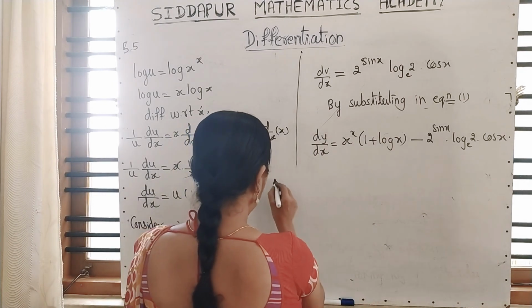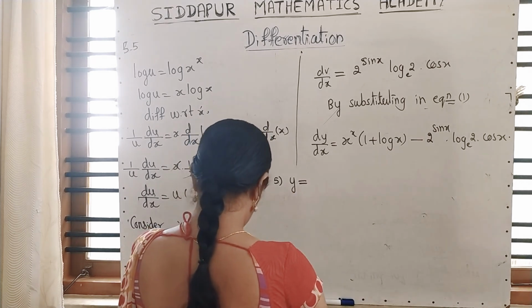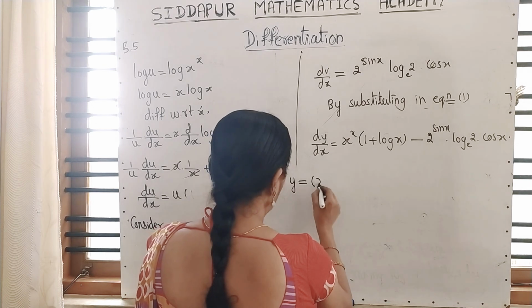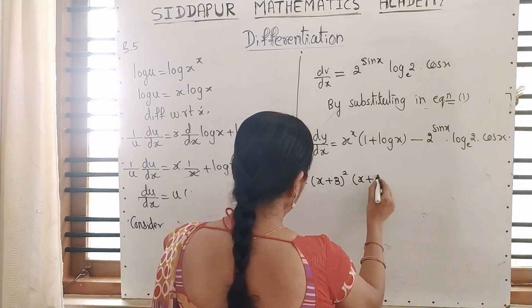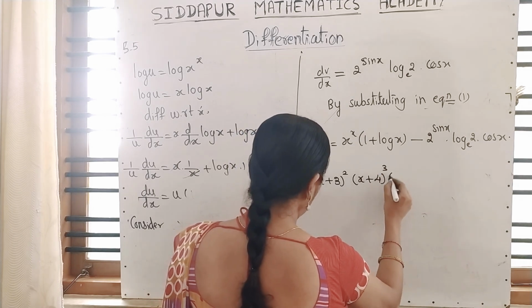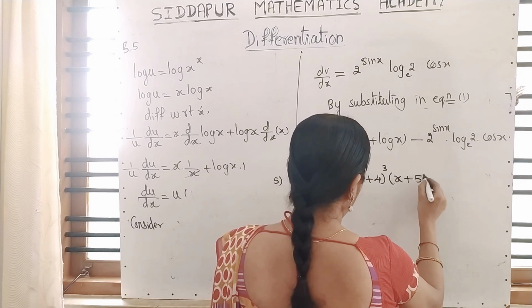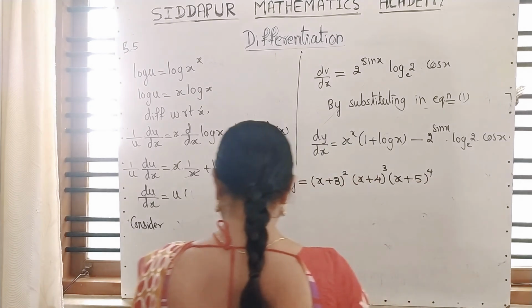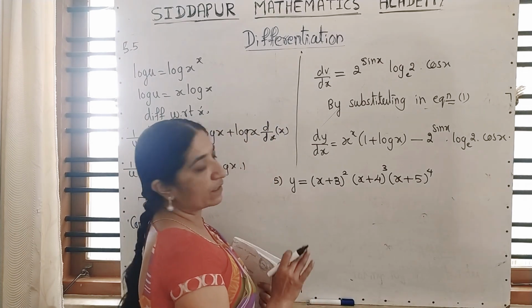Question number 5. Y is equal to x plus 3 whole square into x plus 4 whole cube into x plus 5 whole raised to 4. So here also, if you differentiate directly, that is also correct.